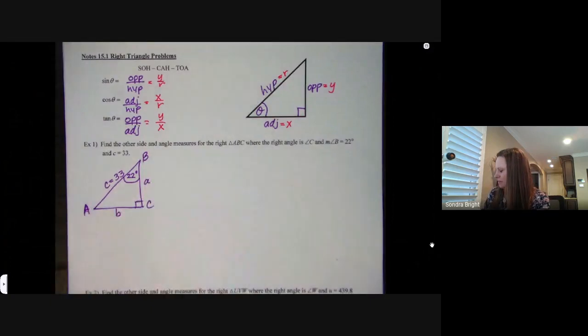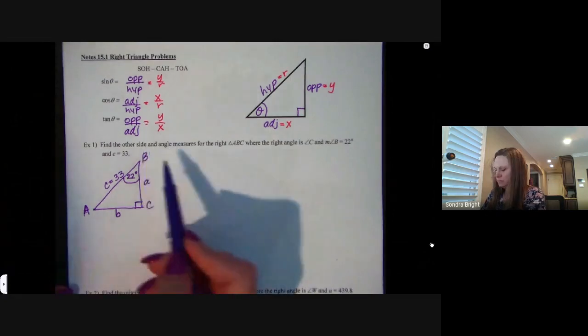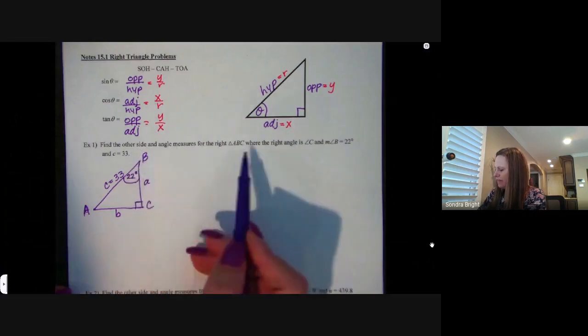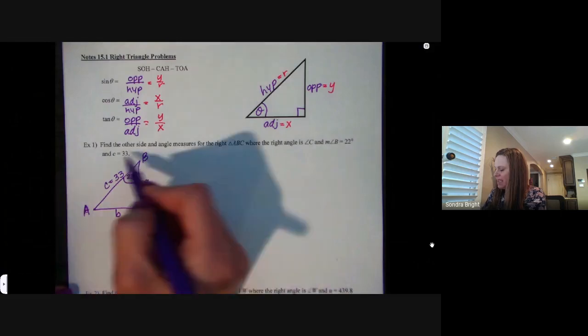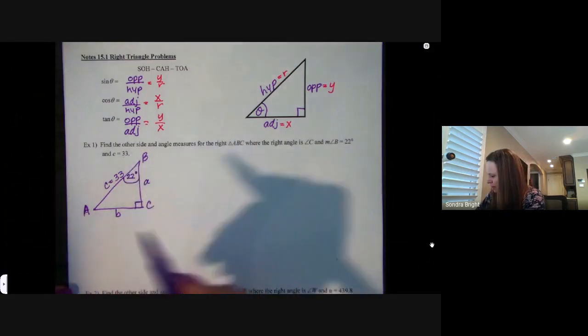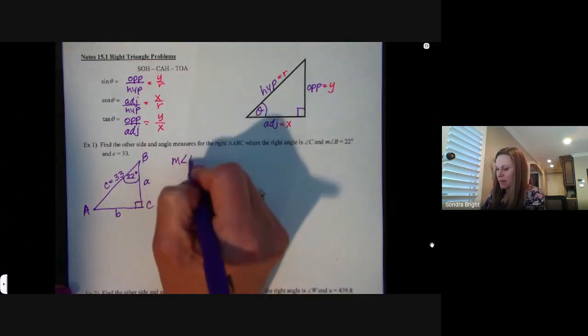All right, so now what they want us to do is find the other sides and angle measures for triangle ABC. Since I need side a, I need side b, and then I'm only missing angle A. Let's start with that. The measure of angle A: the three angles in a triangle add up to 180.